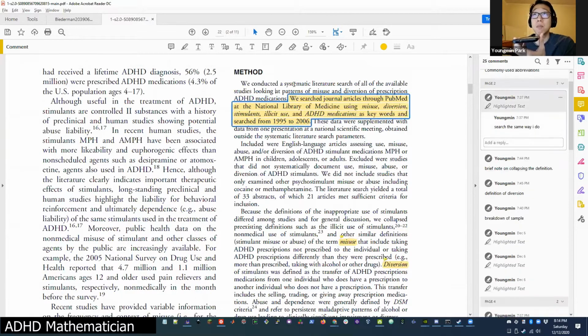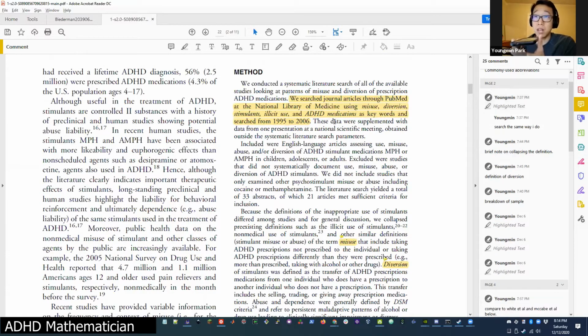For the methodology, I found it very interesting that they just searched through PubMed. If you're unfamiliar with PubMed, it's a repository or like a centralized search engine for publications, really any kind of publications, despite the med part of the name.